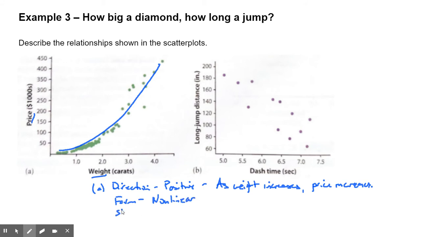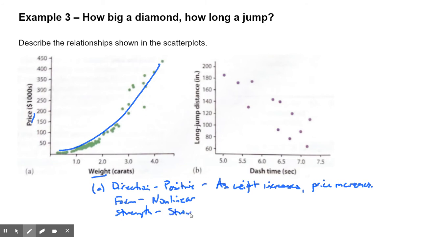Then I need the strength. This is really a tightly packed group of dots. It gets a little bit loosey-goosey up here. So you could probably say strong or you could say moderate. I'm actually going to say strong for this one.